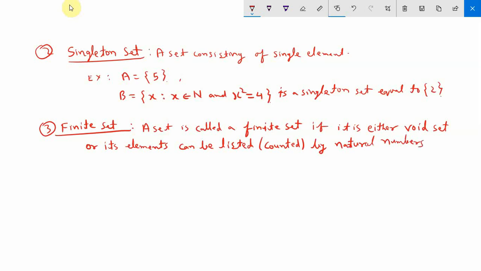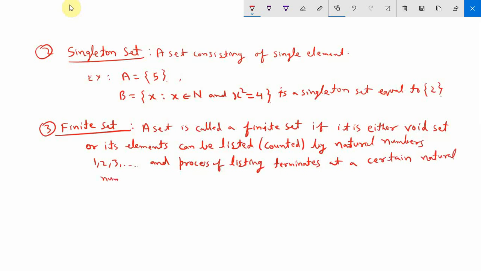Okay, natural numbers such as 1, 2, 3, and so on, and the process of listing terminates at a certain natural number, say n.